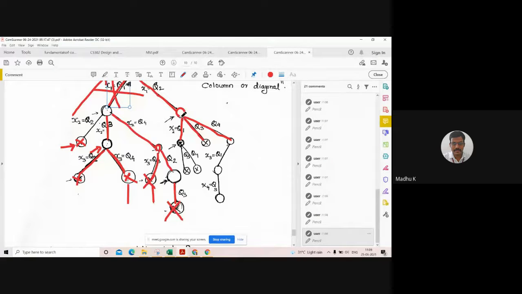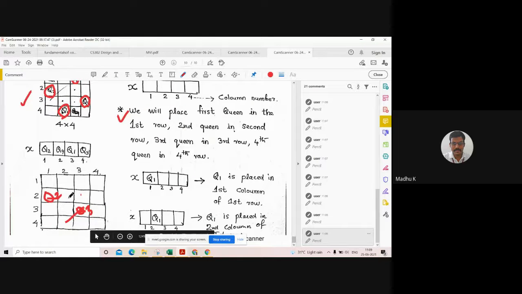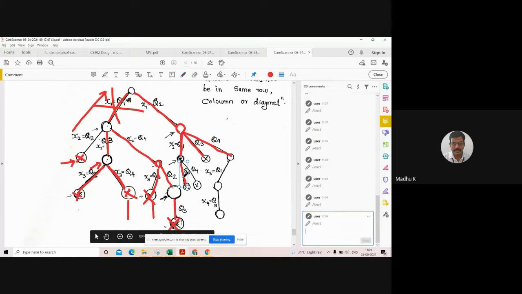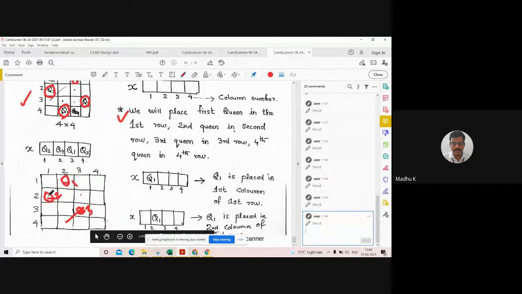I place Q1 in the second column, here. Next I will try to place Q3, but it is not possible because these will attack each other.